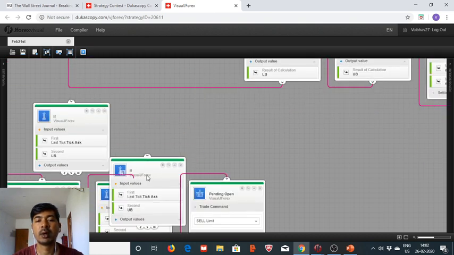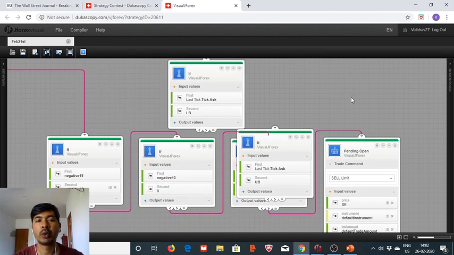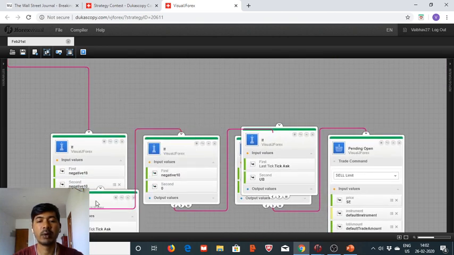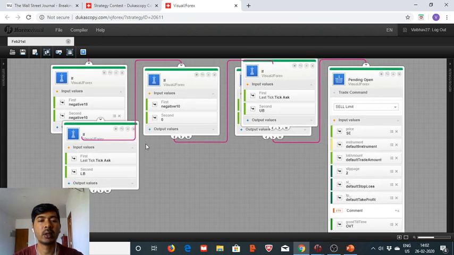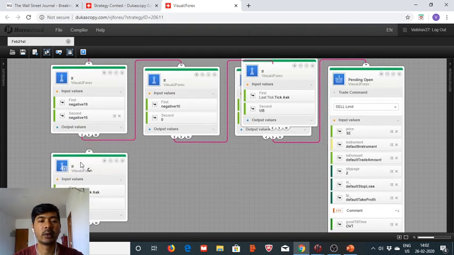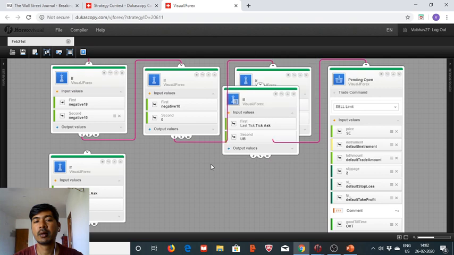So we will put the zip blocks within our conditionals, and here we are.